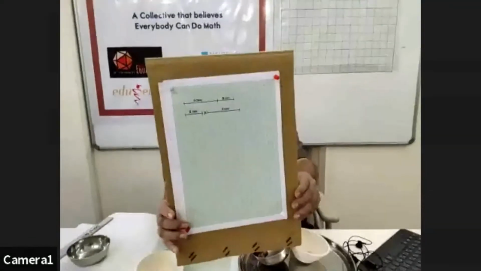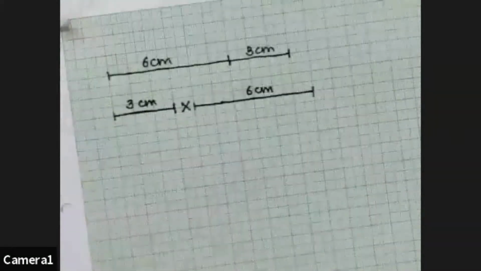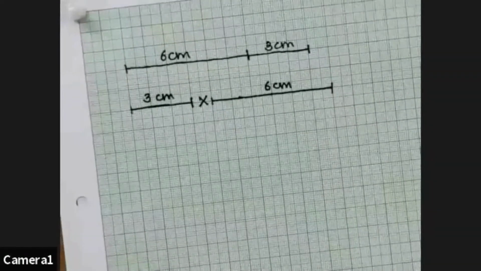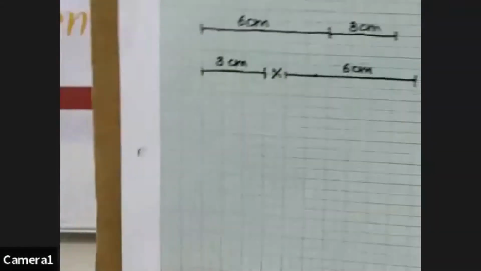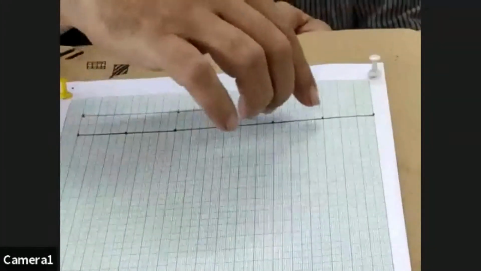What Jnanjyoti has done is draw a line of 3 and a line of 6 and put a multiplication sign between them. And what Nandita has done is she has taken 6 times a length of 3. 1, 2, 3, 4, 5, 6.